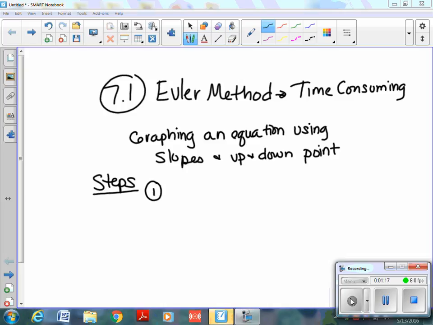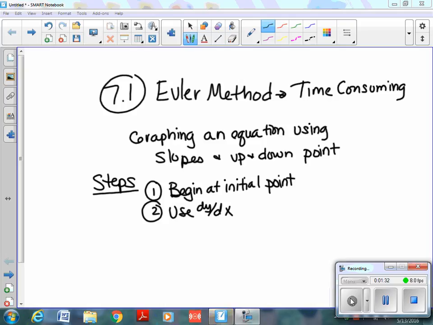Step 1, you begin at the initial point. Step 2, you're going to use dy dx, or the slope, to find the slope at that initial point, x1.